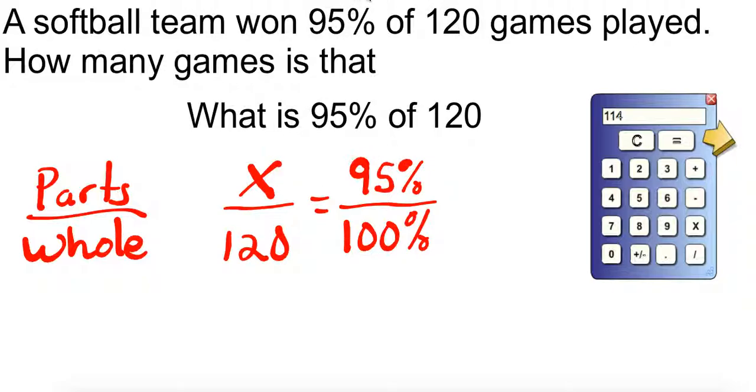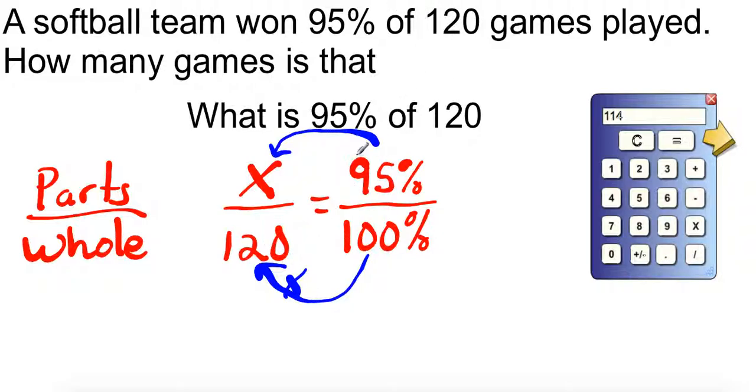So what I'm going to do is use scale factor in order to solve this problem. The first thing I'll need to figure out is what do I have to multiply 100 by to get to 120? Because that'll be my scale factor. And if I can solve for that, I can figure out what I multiply 95 by so that I can get my 95% of the games.